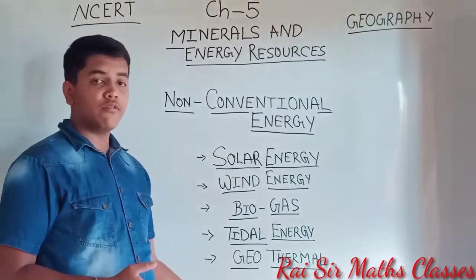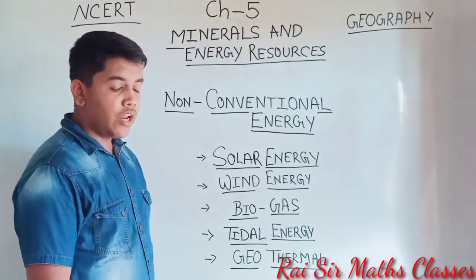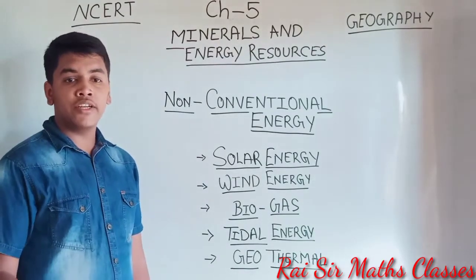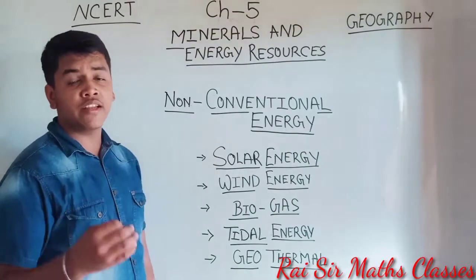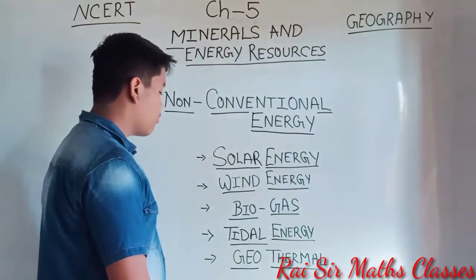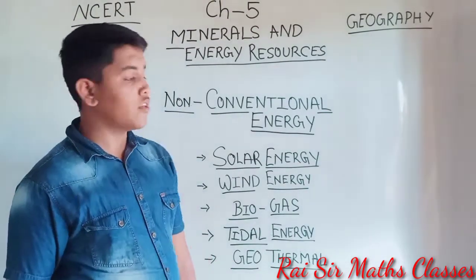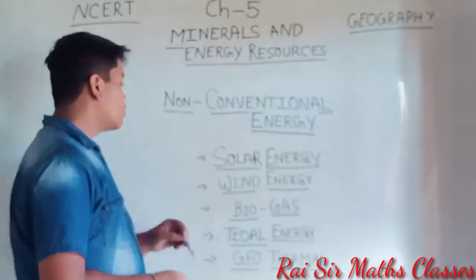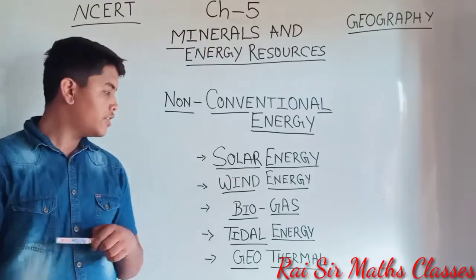Thermal means heat, and geo means natural heat. We are not using coal and burning it, or using wood and burning it to get heat or thermal energy. So geothermal is the natural heat from the sun, so it is a part of solar energy also. So I have told you what solar energy is.